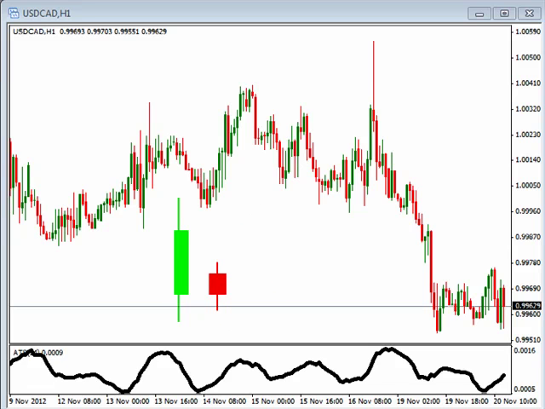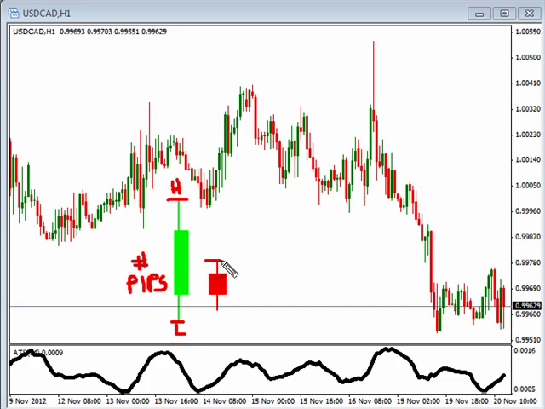What this indicator does is it takes the range, meaning it looks at the high and the low of this candle, and asks itself, what is the number of pips in that range between the high and the low?